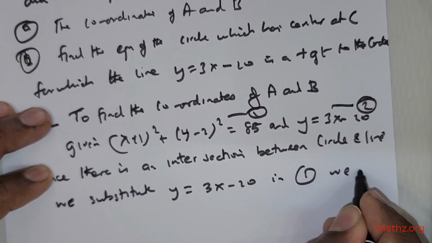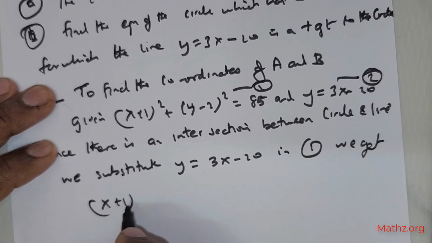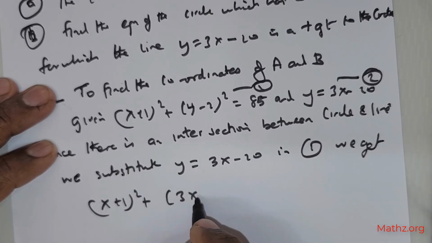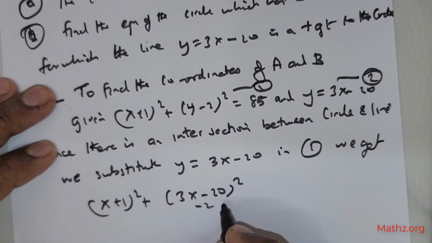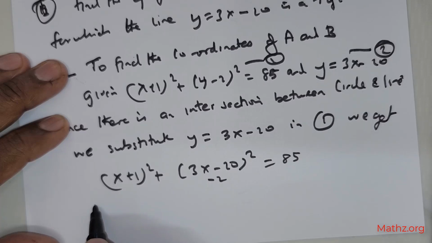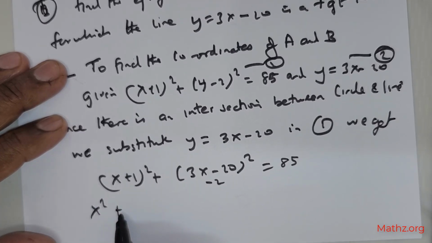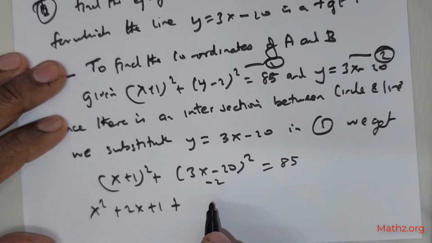In 1 we get, so what do we get? (x positive 1) the whole squared positive (3x negative 20 negative 2) whole squared is equal to 85. So this is x squared positive 2x positive 1. This is 3x negative 22, right?